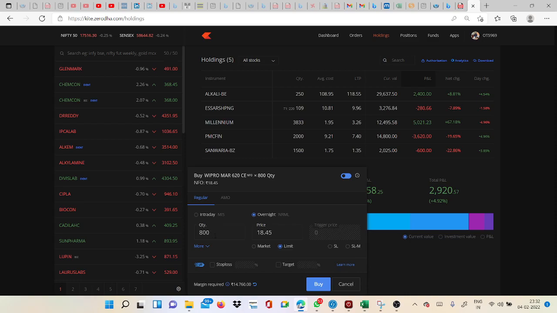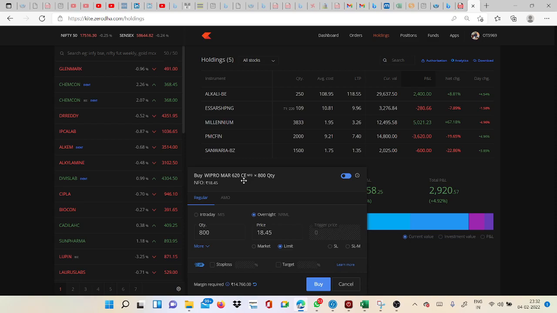Very important: till March, let's say the price goes past this particular point of 620, and the Wipro price is above 620, by 30 or 40.